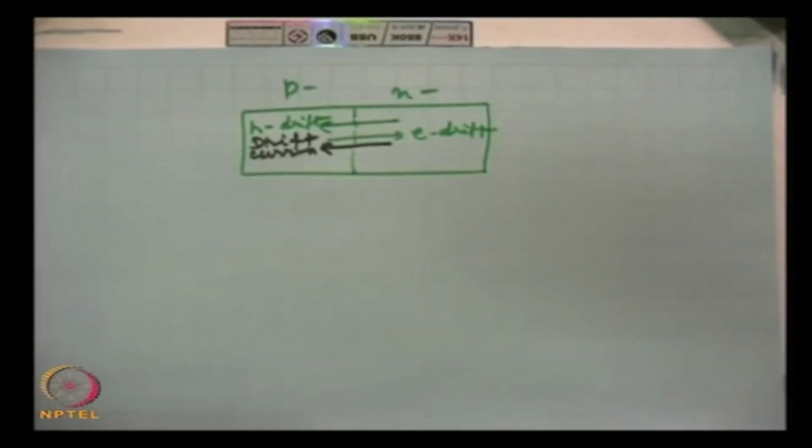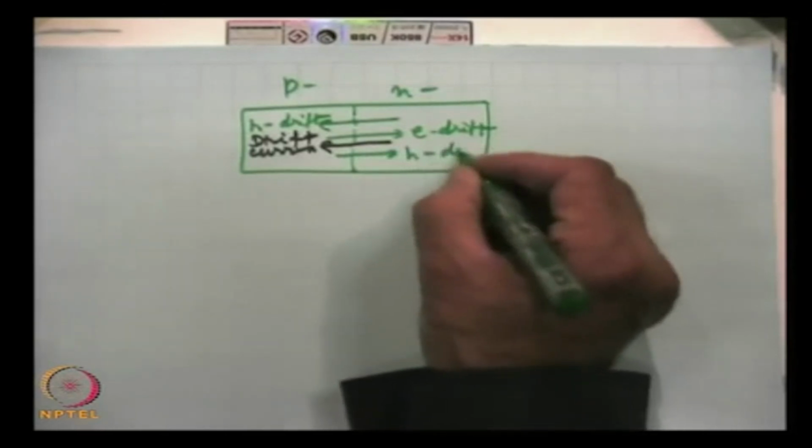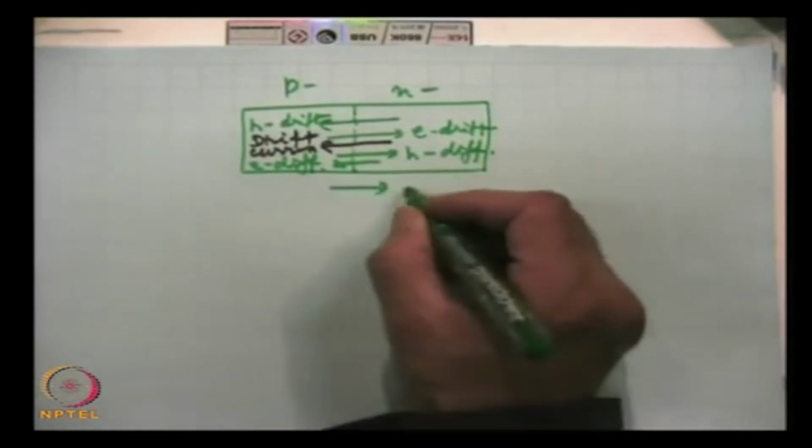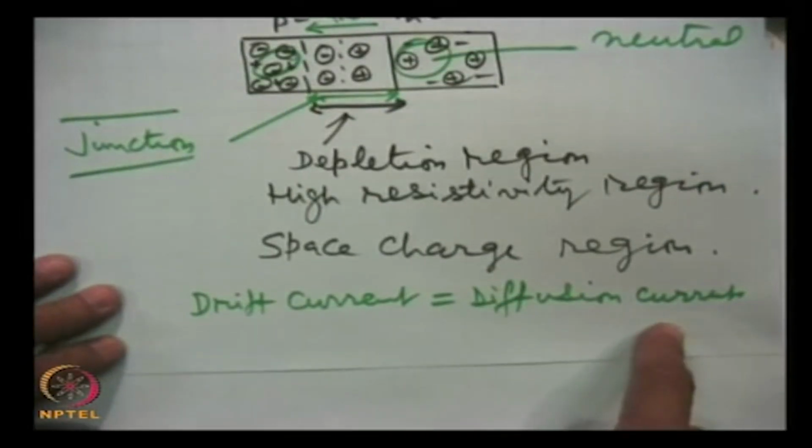Similarly, there will be hole diffusion and electron diffusion, and that will give rise to diffusion current in this direction. The drift current was from right to left, and diffusion current is from left to right, so they are in opposite directions. Equilibrium is obtained when, as I said earlier, drift current is equal to diffusion current.